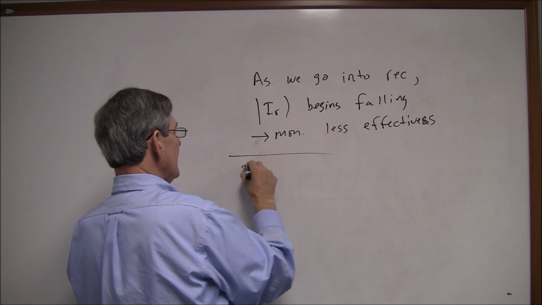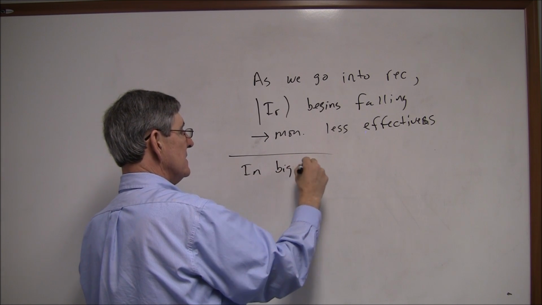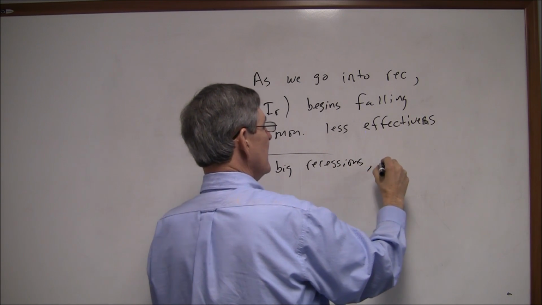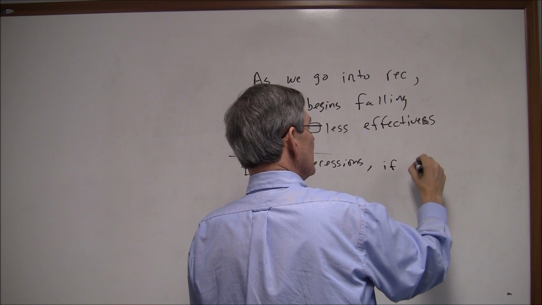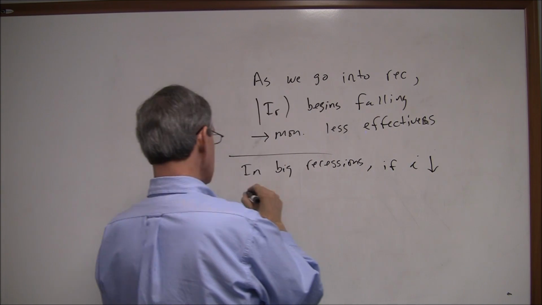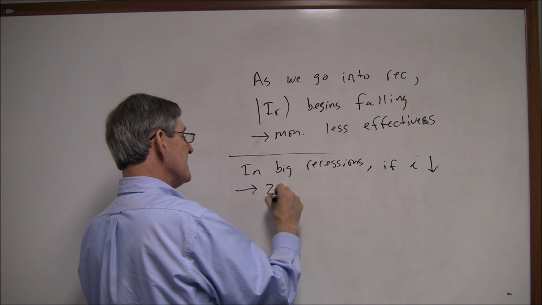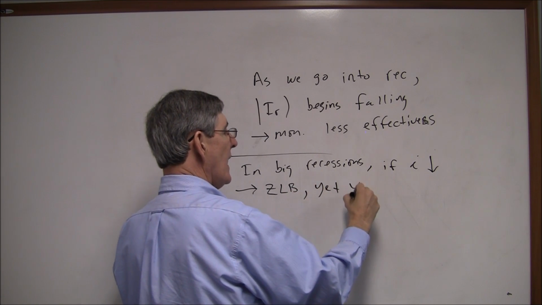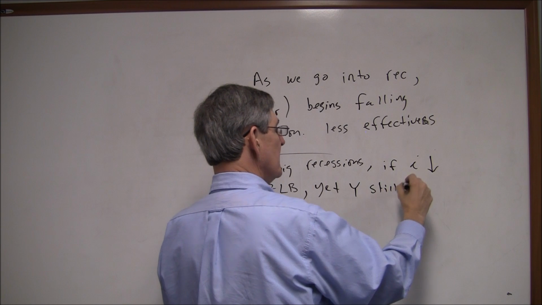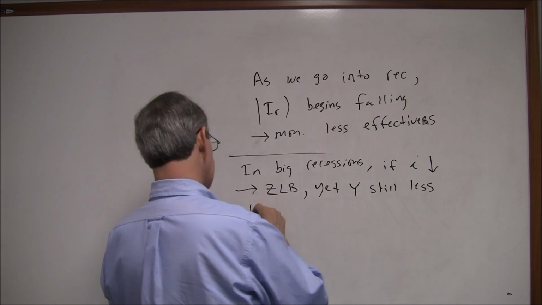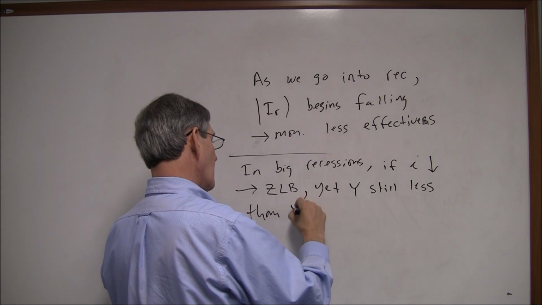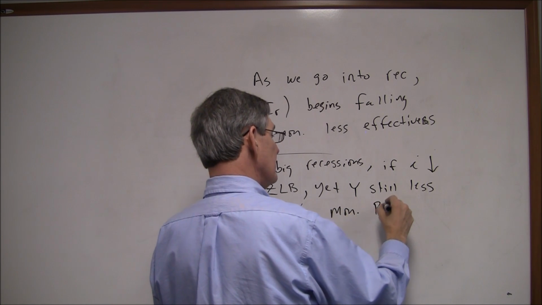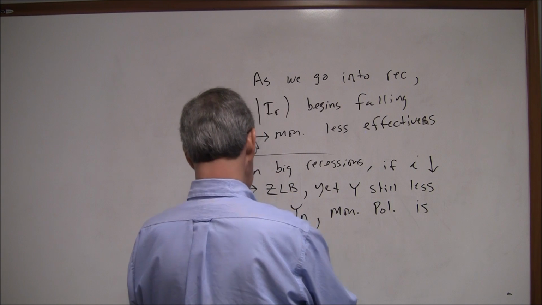Then, in big recessions, if lowering the interest rate puts you at the zero lower bound, yet Y is still less than YN, then monetary policy in this model is completely ineffective.